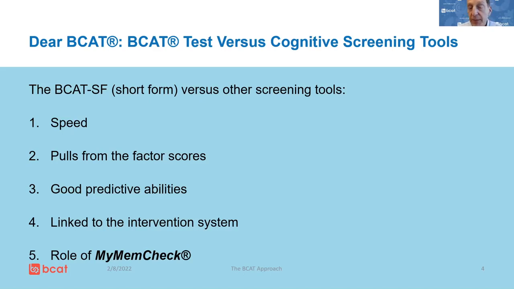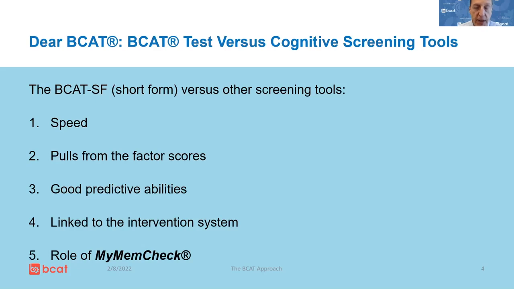The BCAT short form can be completed in 2 to 3 minutes, as opposed to 7 to 10, even 12 minutes for the MOCA and for the SLUMS. There are 6 items only, but they pull from the cognitive domains of attention, executive skills, and contextual memory, which I think speaks to their psychometric robustness.